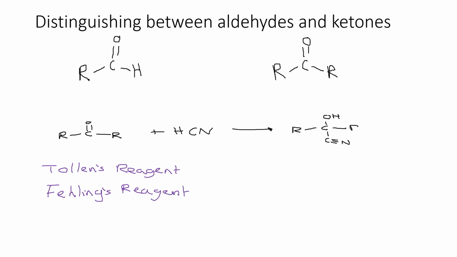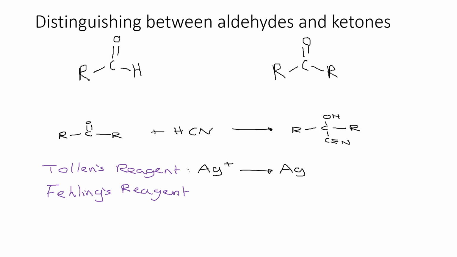Now, Tollen's reagent, we don't need to know any more details in the WJEC spec about what it is. However, I think it's really helpful to know that the Tollen's reagent contains the silver 1+ ion. And the silver 1+ ion gets reduced to form metallic silver, and therefore it can oxidize something else.